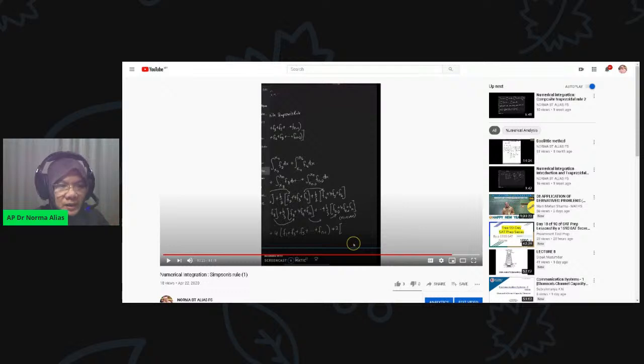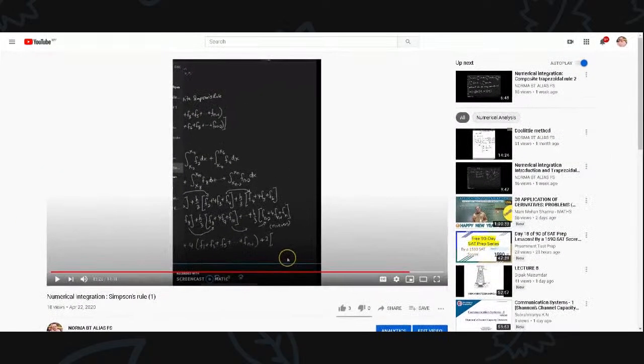The way to prove the Simpson method is based on the odd and even numbers. Let's go here.